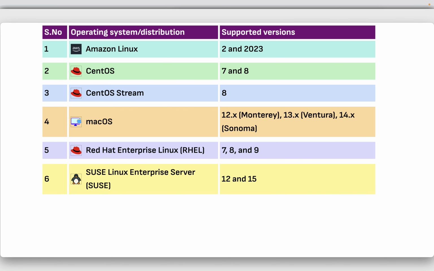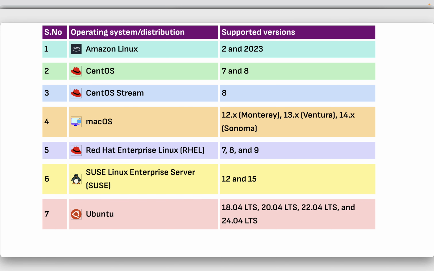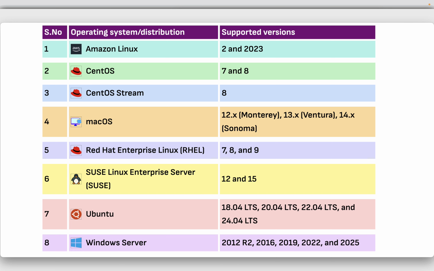SUSE Linux Enterprise Server, you have 12 and 15. And Ubuntu 18.04 LTS, then 20.04 LTS long-term support, 22.04 and 24.04 LTS. And finally, Windows Server, you have these 2012 R2, 2016, 2019, 2022 and 2025.